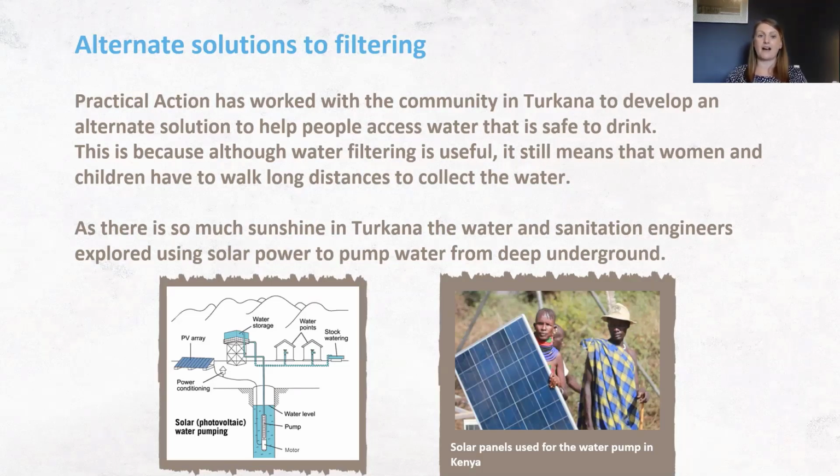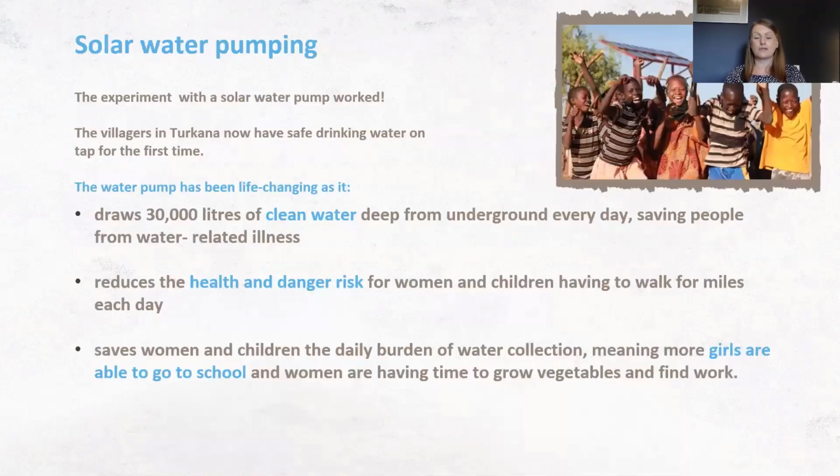It means that the children are able to go to school, so more girls are able to go to school, and the women are able to grow crops and to find work. And in a day, the water pump can draw 30,000 litres of clean water from underground, and it can reduce the health danger because of the water being drunk, but also the distances that they're having to travel.